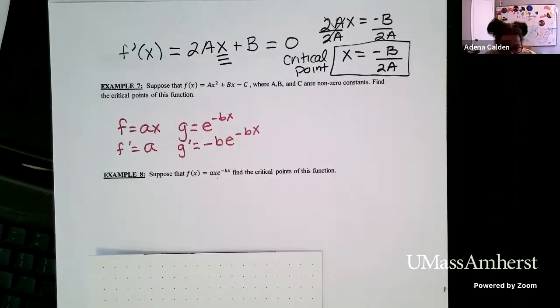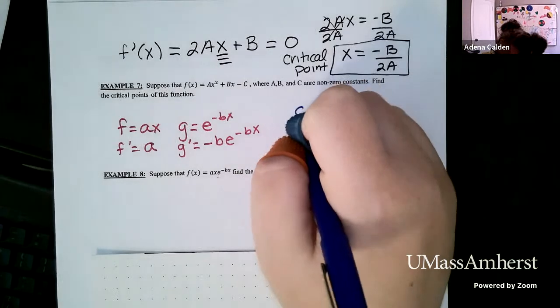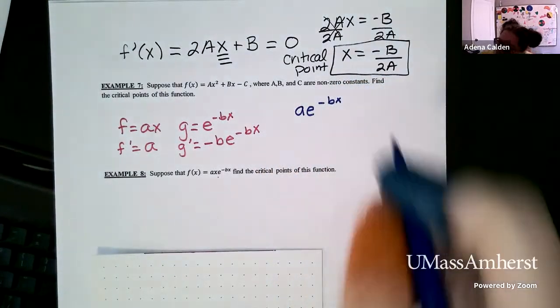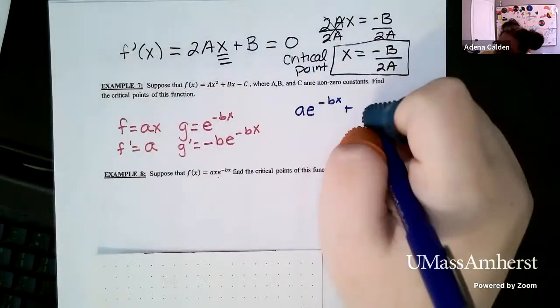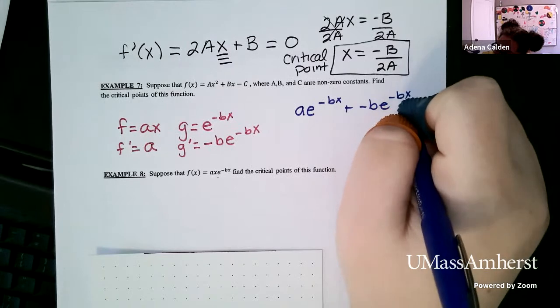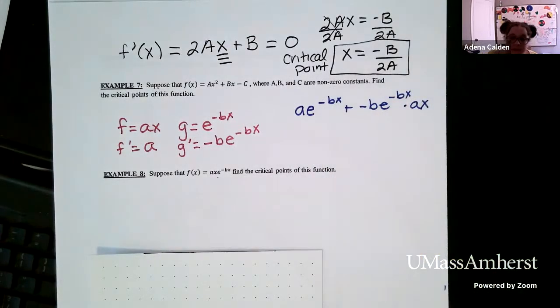So when we put these together now using the product rule, we have f prime times g, so a e to the negative bx plus g prime f, so negative b e to the negative bx times ax.